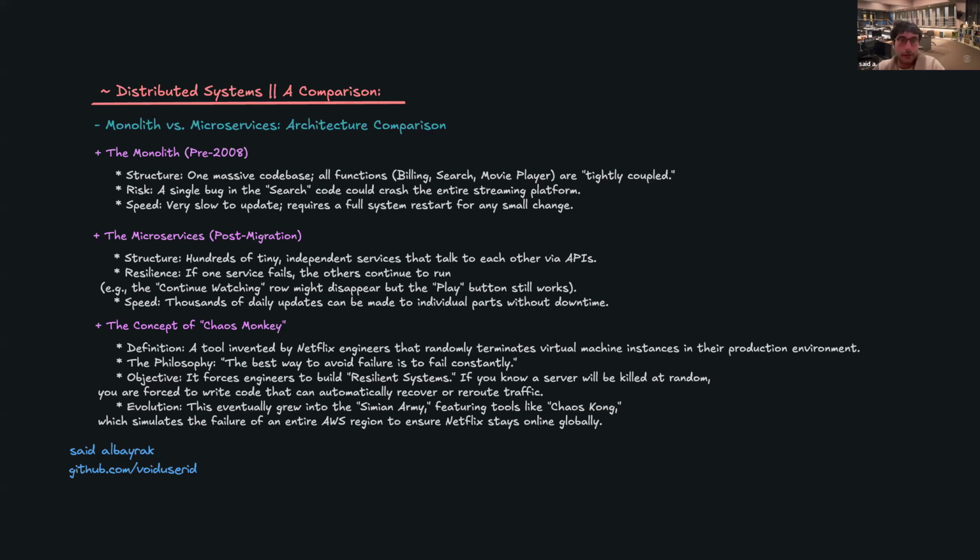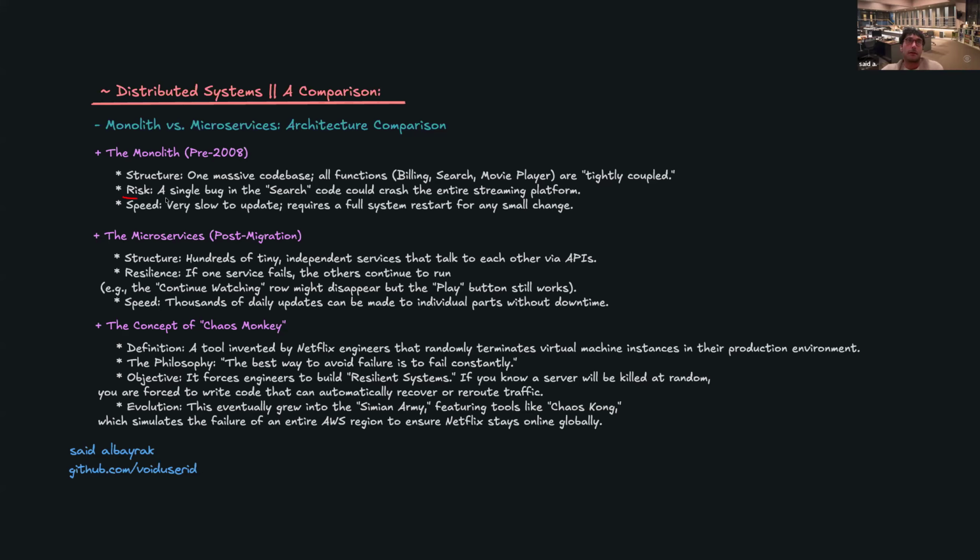So we have a comparison here. Before, they had a monolithic structure: one massive code base, on-prem databases, and all functions, billing, search, movie recommendation systems, playback service, everything in one huge code base.